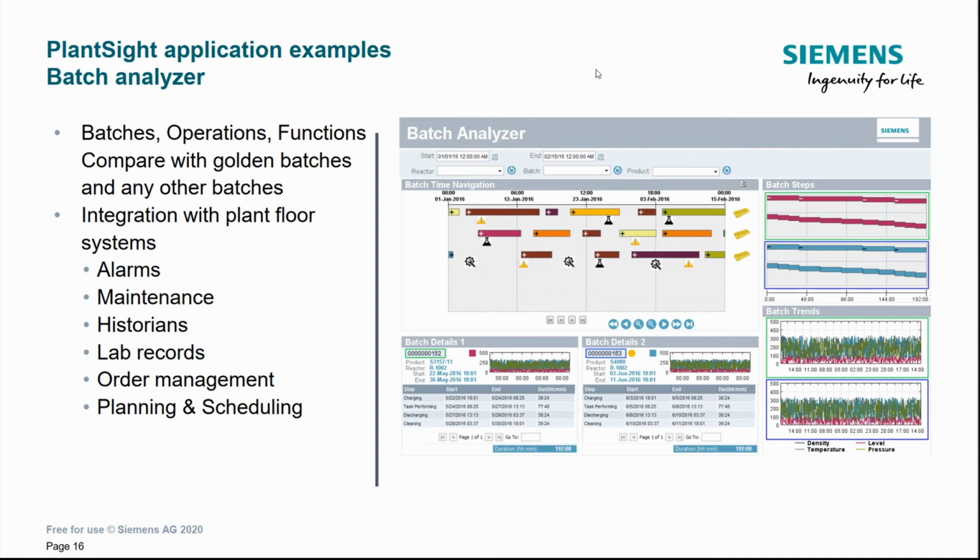We also have customers that split the screen, where they have the actual batch in the center of this view, have the recent batches on the left-hand side, and integrate the future batches from their scheduling system to give a complete production overview in a graphical way.